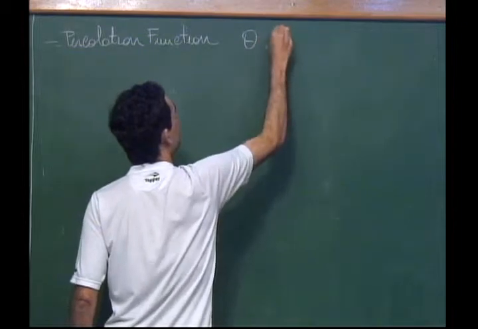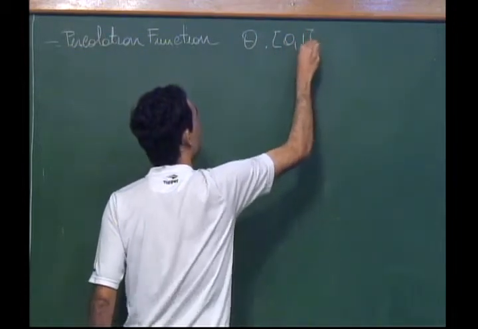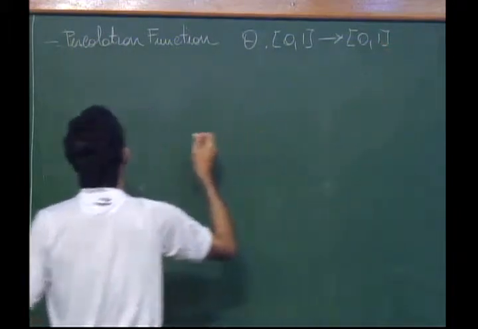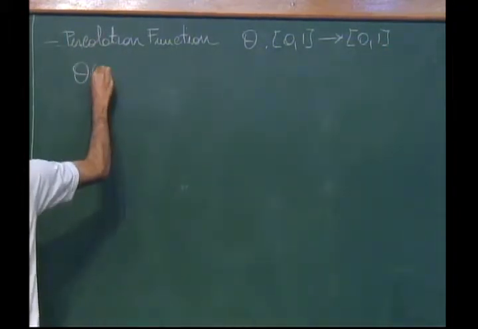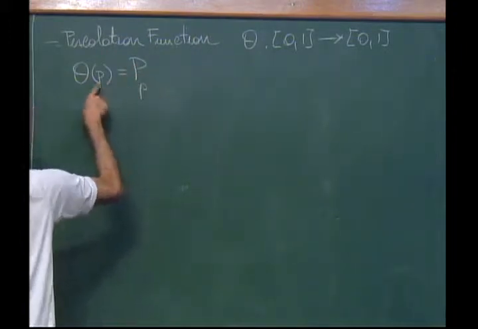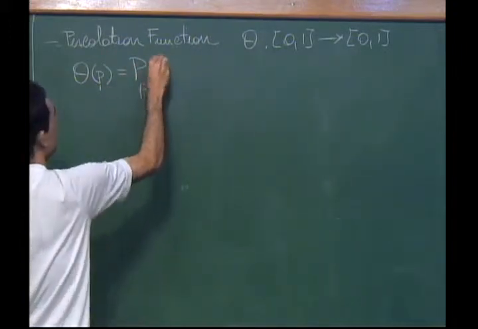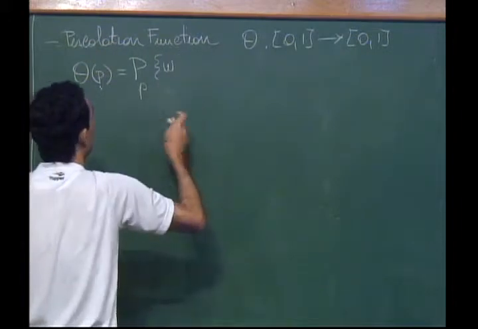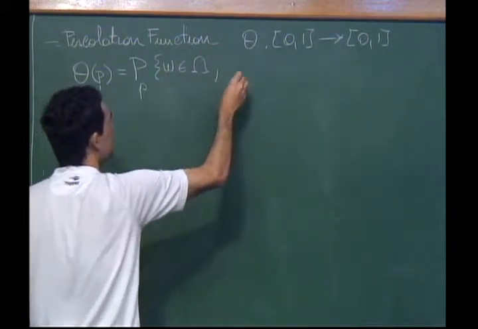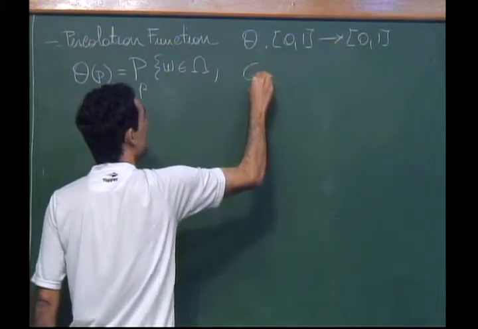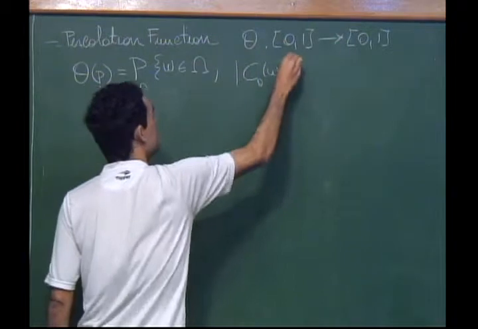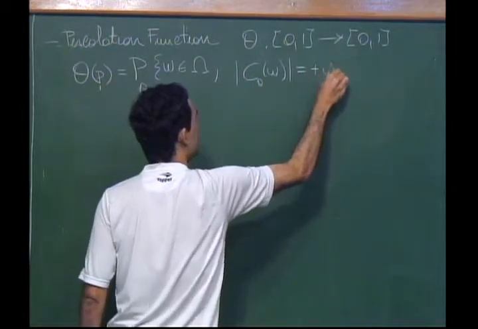Theta is a function from the interval 0, 1 to 0, 1, where theta(p) is the probability, this P is P_p, of the set of configurations such that the cluster of the origin is infinite.